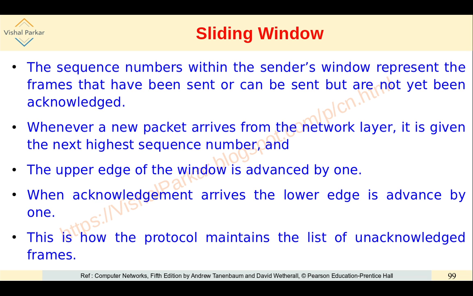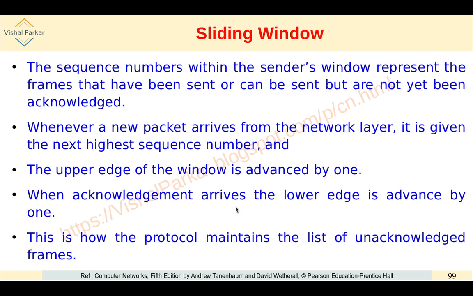So whenever a new packet arrives from the network layer, it is given the next, that is the highest, sequence number. If, for example, 1 has already been sent, the next frame will get 2 and so on. Now once a frame is sent, the upper edge of the window is advanced by 1. We'll see this with the diagram next.